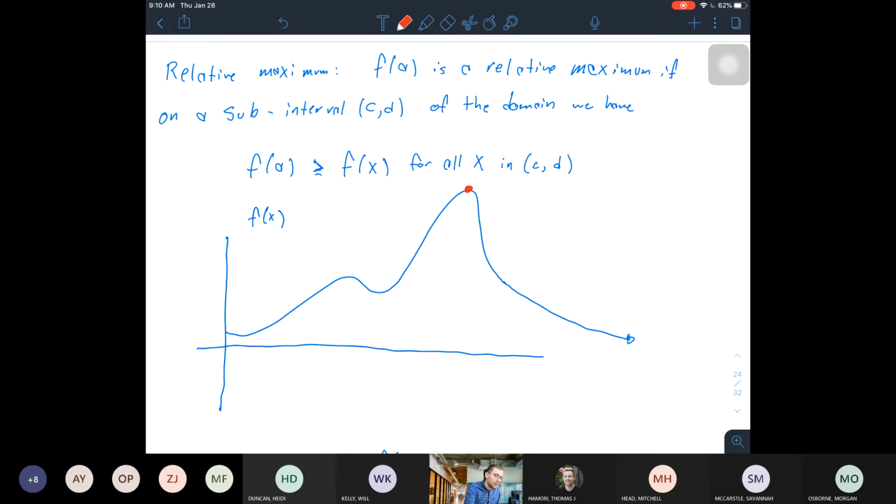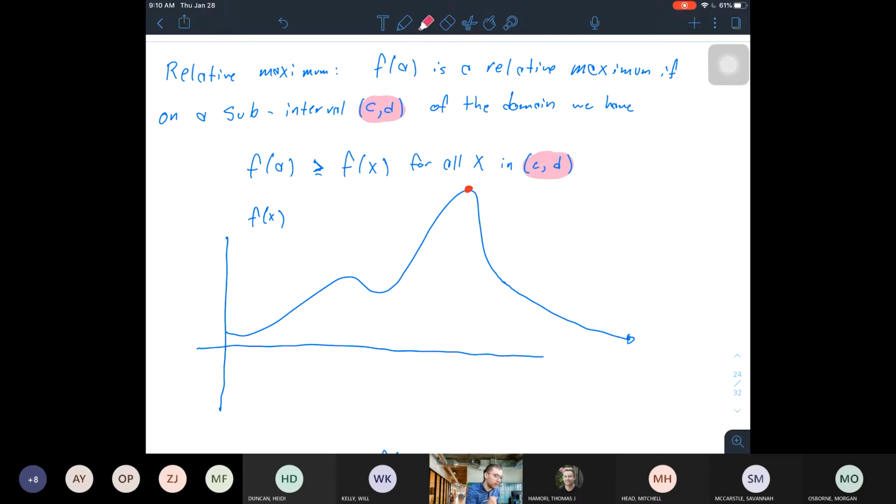But when I talk about a relative maximum, the definition is as follows. We call f of a a relative maximum if we can find a subinterval (c, d) of the domain on which f of a is greater than or equal to f of x for all x in this subinterval (c, d).